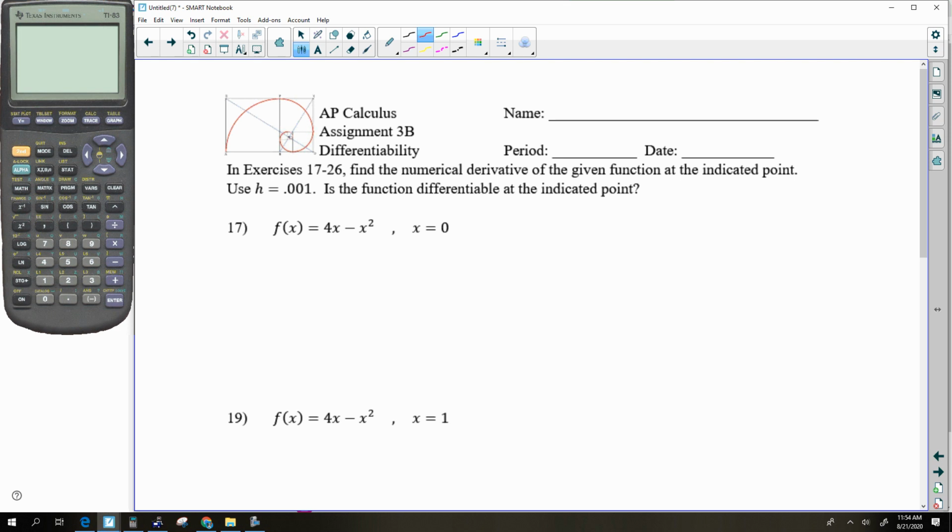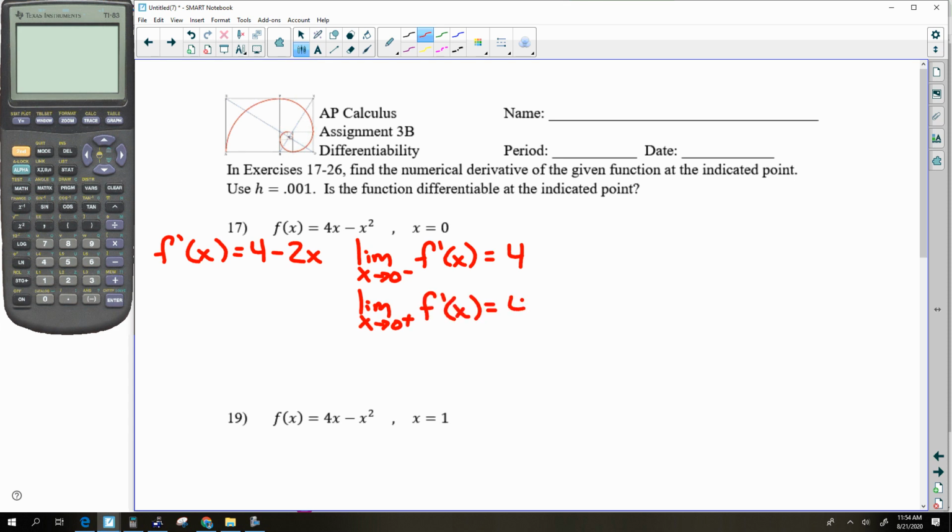So what I notice about this derivative, now let's test this derivative around the point 0. The limit as x goes to 0 from the negative side of f prime of x is 4. Again, I'm using my derivative. What is the limit as x goes to 0 from the positive side of the derivative? That's still equal to 4. Thus, the limit as x goes to 0 of the derivative is equal to 4.